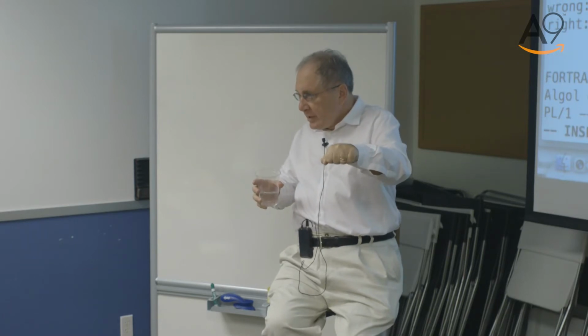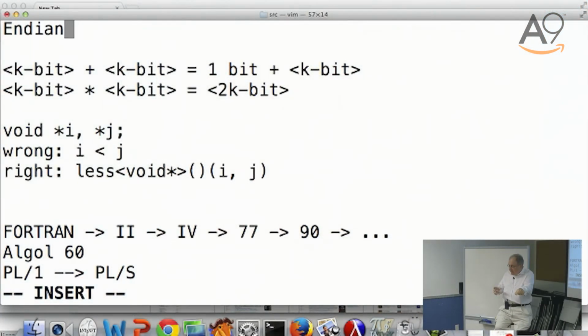They decided that putting the most significant byte first was the right thing. Big endian, you put the big byte, the most significant byte, as the first byte in memory.